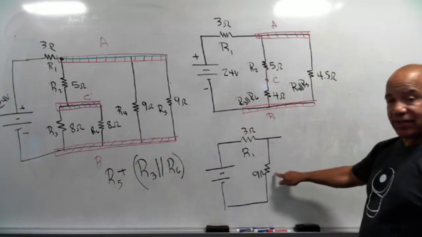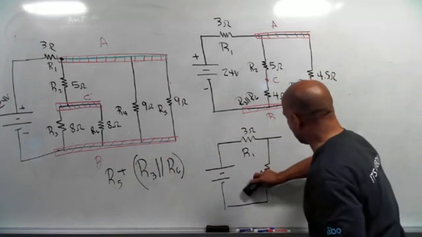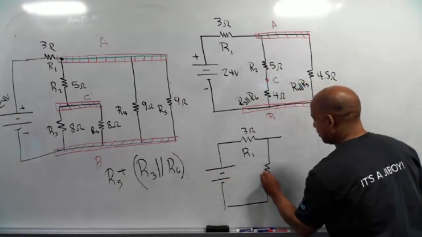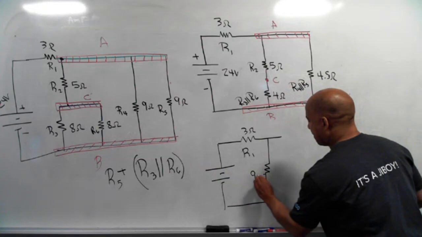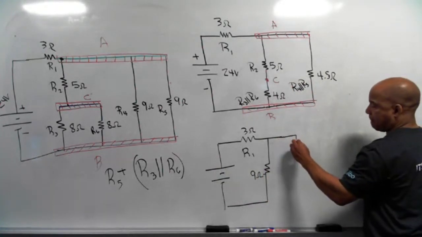I would actually write this here, but I don't have enough room to write it, so I'm not going to write it. But I got that 9 ohm right here, which comes from here. And then I got this 4.5 over here.